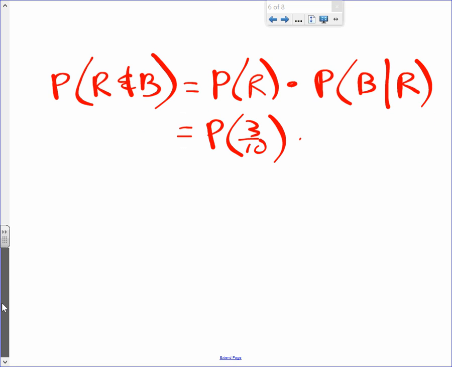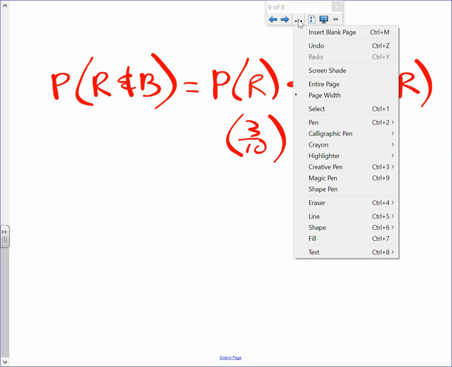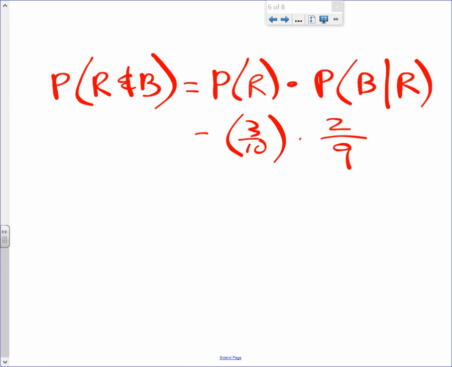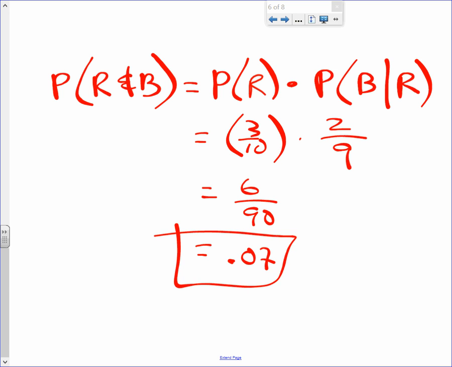Blue is 2 out of 10, but now there's 9 balls because we got 1. Multiplication time, we're good to go. 3 times 2 is 6. 10 times 9 is 90. 6 divided by 90, let me round to the nearest hundredth. 0.07, so a 7% chance of that happening.